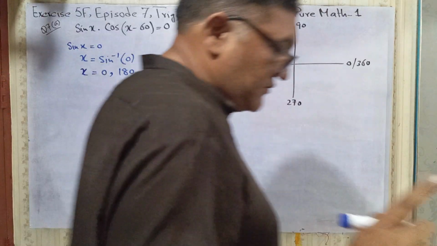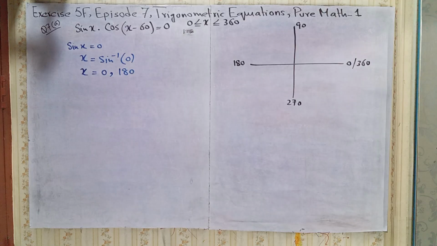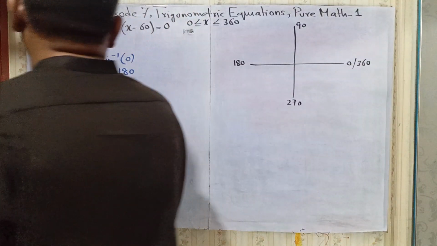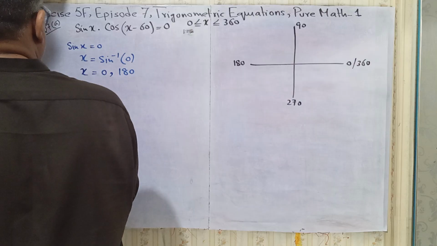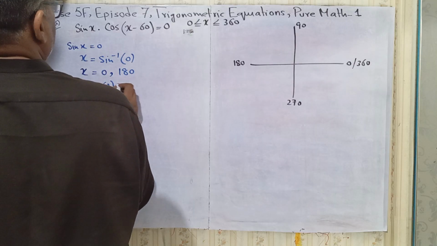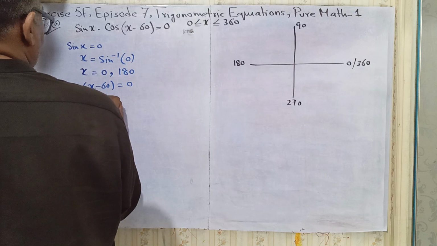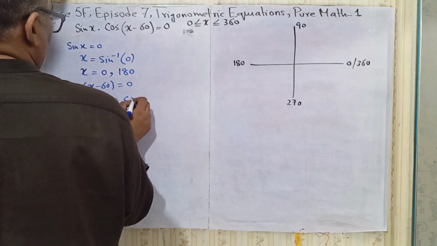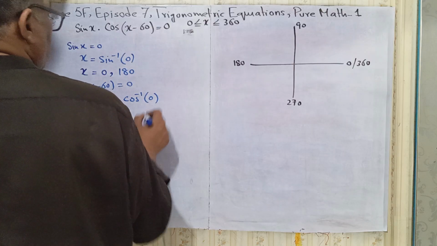The other thing, which is the cos bracket x minus 60, I will make this equal to 0. So the cos of (x minus 60) is equal to 0. So x minus 60 is equal to cos inverse of 0.